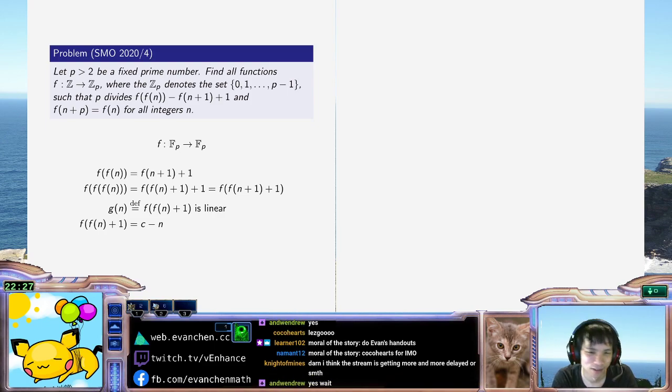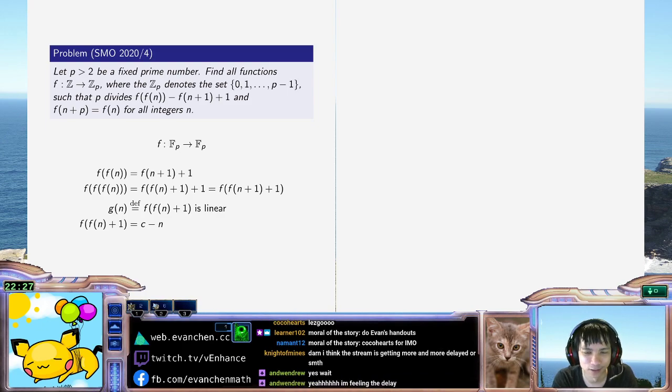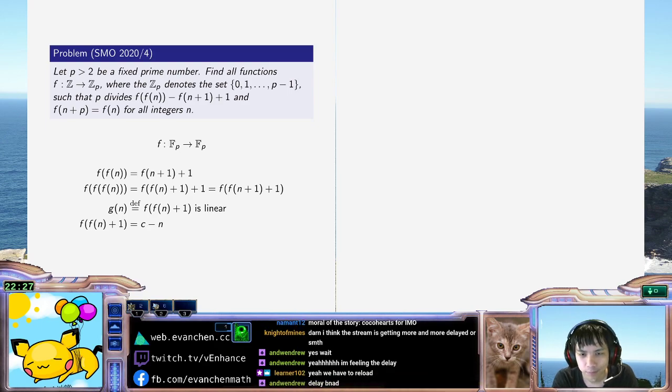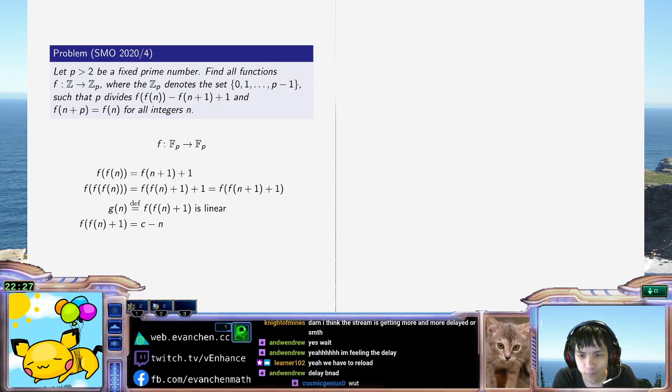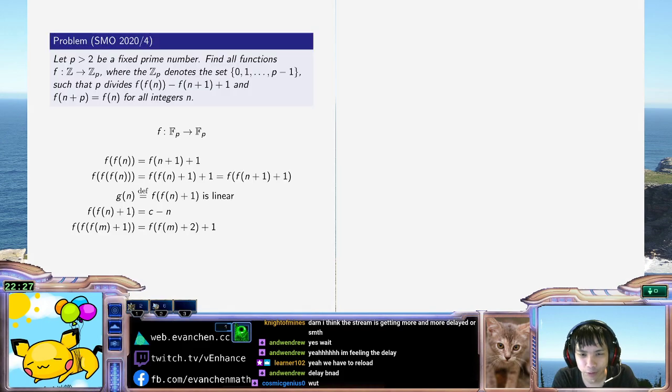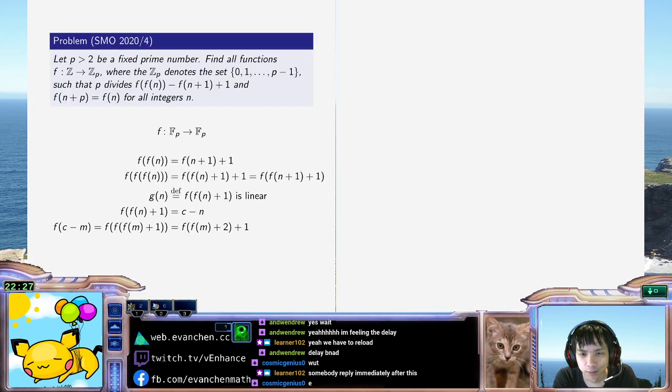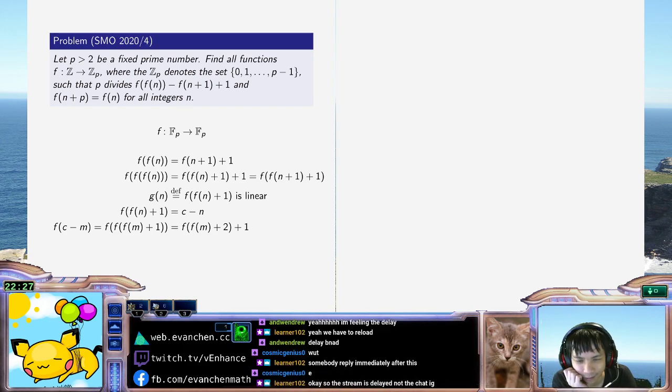I'm not sure. Let's just try some junk. So if I put in f of n, I'll put m so it's clear. This is a true statement because I substitute n equals f of m plus 1, and the inside is f of c minus m. That doesn't seem that much better. Fine.